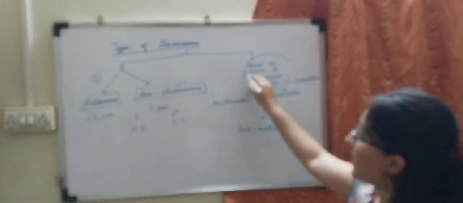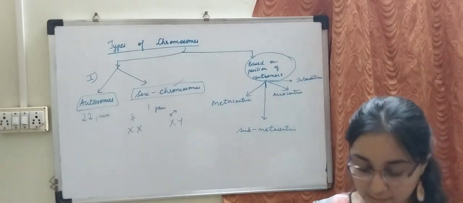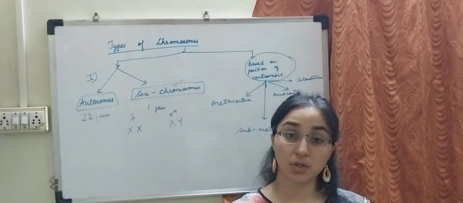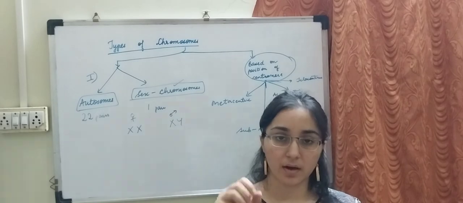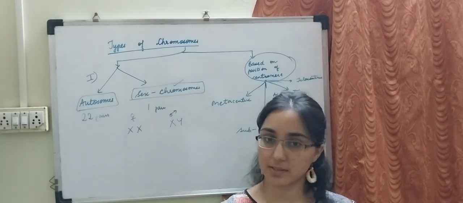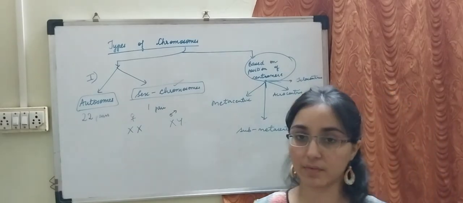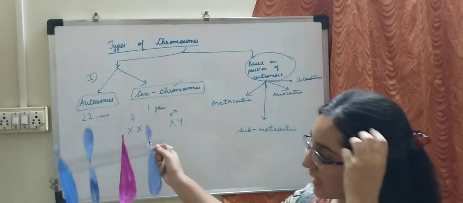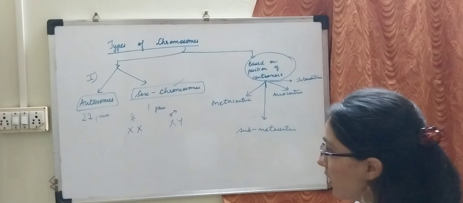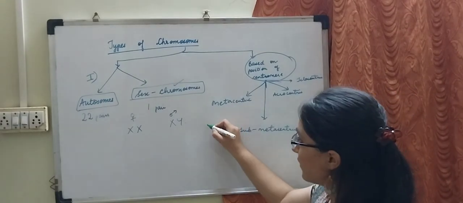Speaking about the centromere, I told you what the centromere is, which is holding two chromatids. The position is not fixed, whether it is in the center or elsewhere. Based on it, there are four types of chromosome. The first is metacentric.